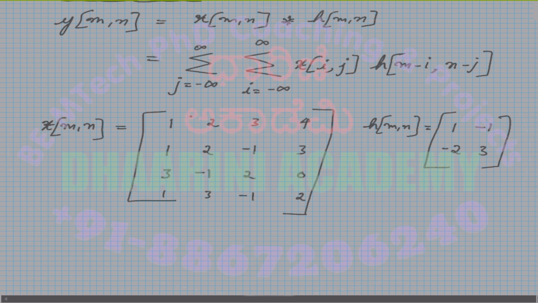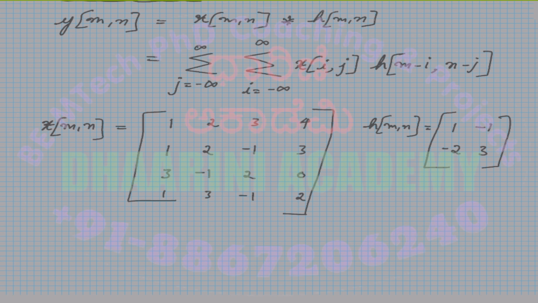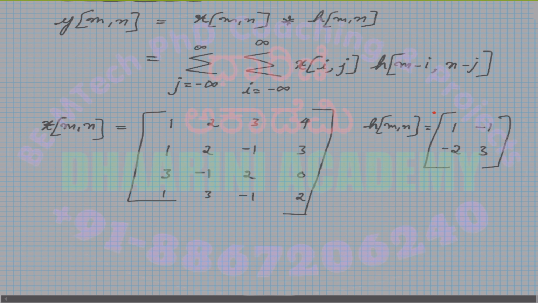So my idea is this. Consider that h of m comma n is inside this particular square. What happens? I move this h of m comma n over here first. This is the first position. I calculate and get an answer. I call it y of m comma n.